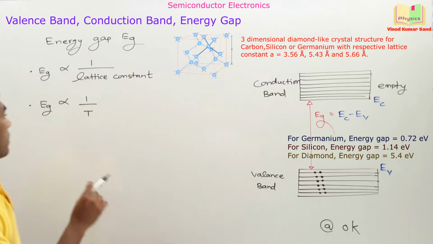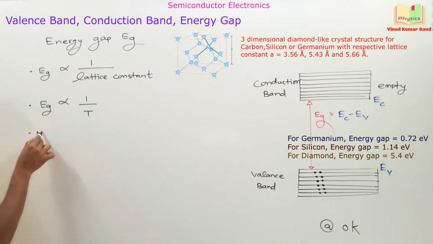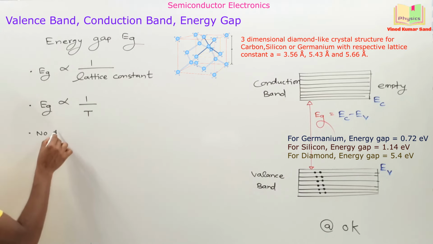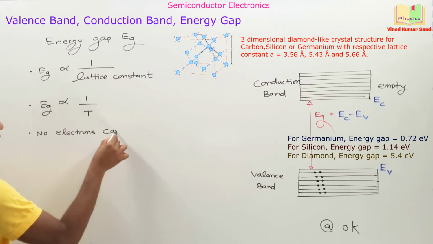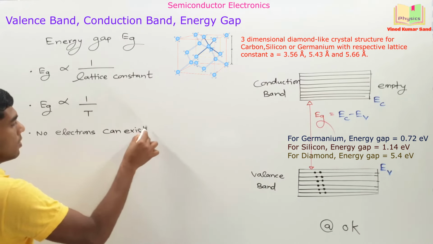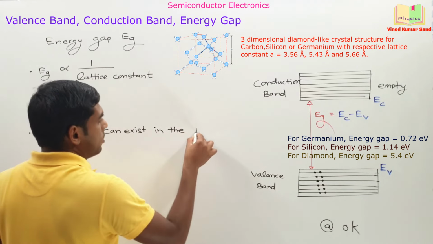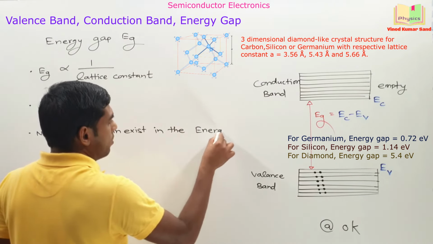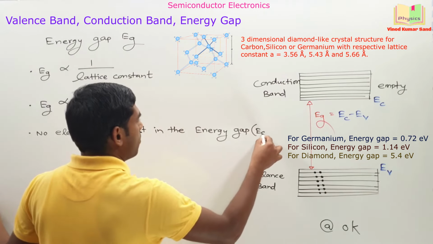As the temperature increases, the energy gap decreases. No electrons can exist in the energy gap. Few books name it as forbidden energy gap also.